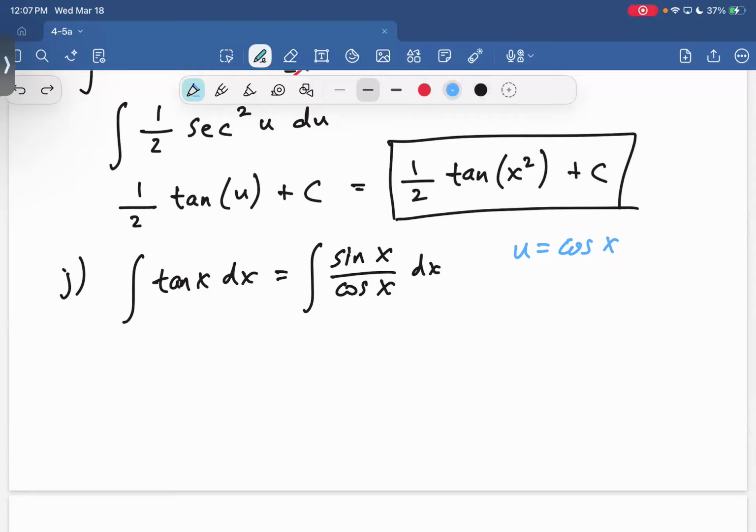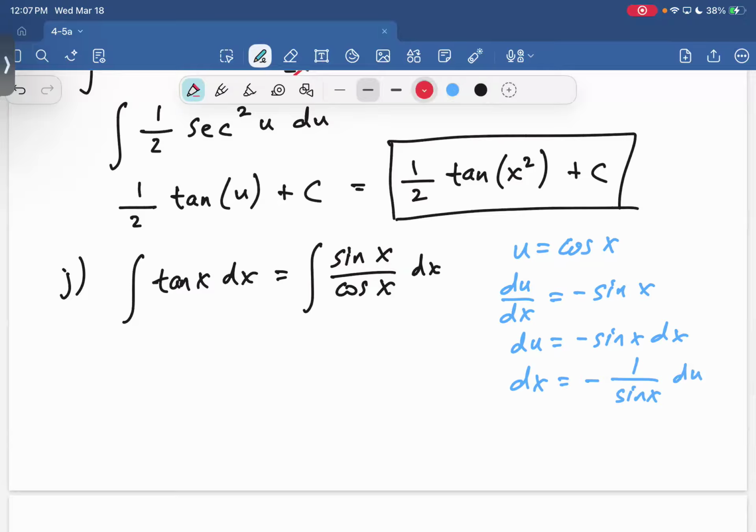Okay, so what is the derivative of cosine? Negative sine x. And so we're going to have to rearrange things and isolate dx. That tells us that dx equals negative 1 over sine x times du. So you see how if I plug dx back in here, the sine will cancel out?